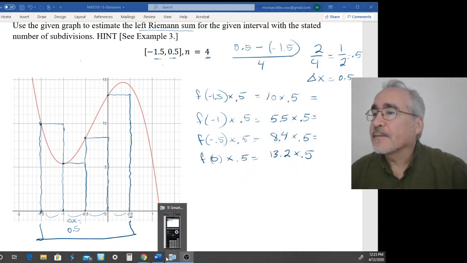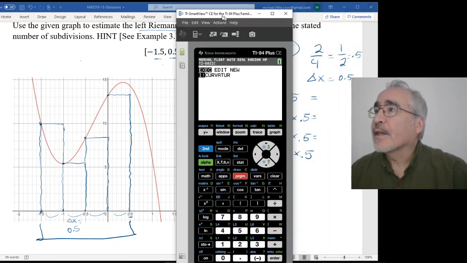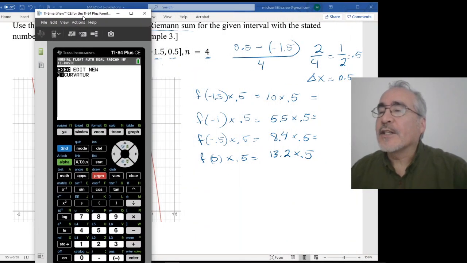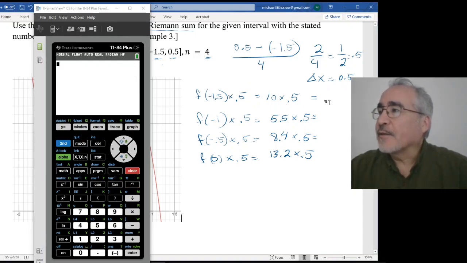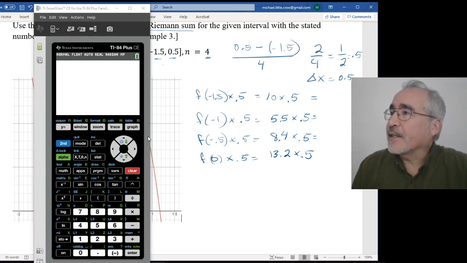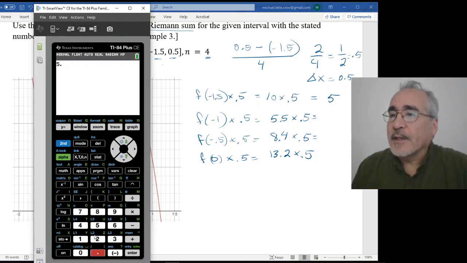And I've got a way to check this. You won't worry about it because I saved the equation that I used to come up with this. But okay, so we're going to do 10 times 0.5. I don't really need to use a calculator to move the decimal over 1, so that's going to be 5. 5.5 times 0.5 is, let's just do it because I'm going to probably make some mental error as I go through this.